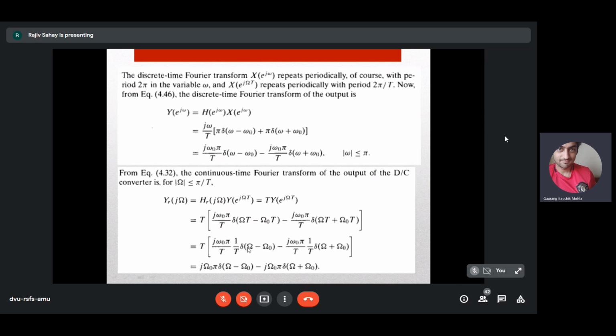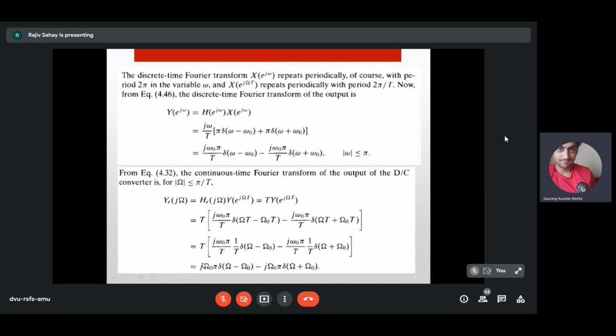Now you can write small omega naught as capital omega naught into T. So one T gets cancelled out, and the other T gets cancelled out here. All the T's go out. Now you are left with jΩ₀π into delta of Ω minus Ω₀, minus this expression.